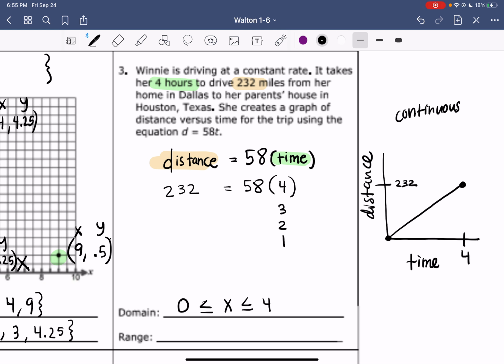Okay, so now we are looking at our range, going from our least y value to our greatest y value. We see it extends from 0 to 232. Since we're talking about y, our range, we know that y is greater than or equal to 0 and less than or equal to 232. So that concludes our statement there.